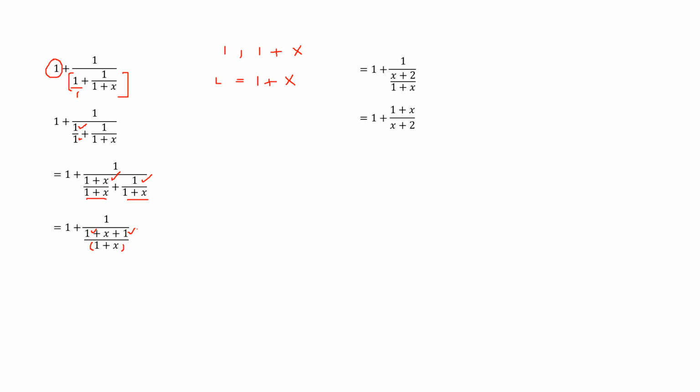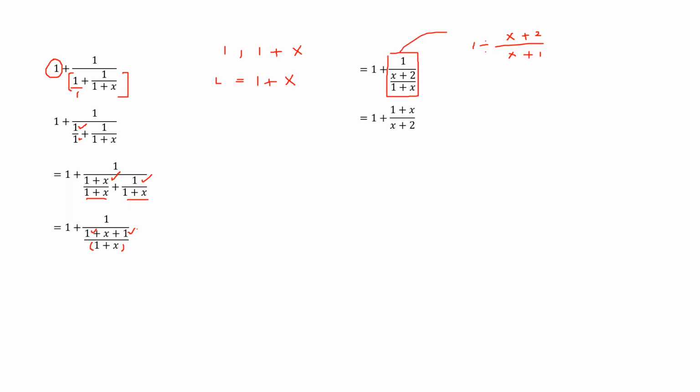So actually 1 divided by these two things, if you want me to explain. So x plus 2 and a 1. Okay, if I write this way, it's no problem. 1 plus x or x plus 1. So I'm going to explain this part here.